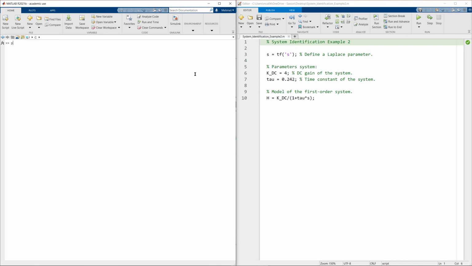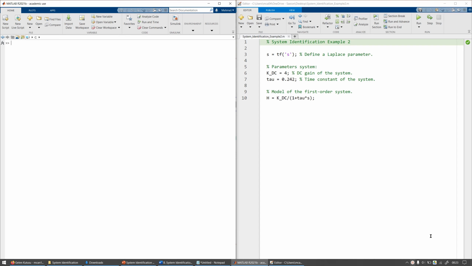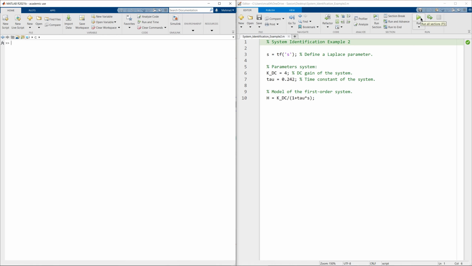So what I need to do now is check the unit step response and also the Bode plot. I have already done this, of course, but now we will do that in real time. So let me check the H. First run this, because that's what we really need. I can see it is running. I will do H is equal to, now I can see that this is 4 for the DC gain and also the time constant.